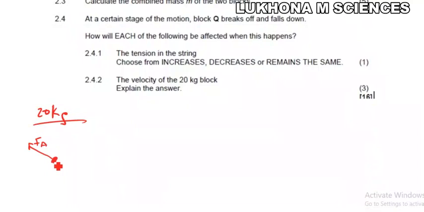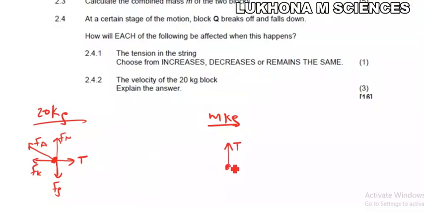We have the frictional force, then Fg, then the normal force, then the tension. Then for the M kg system, we have only the tension and Fg.